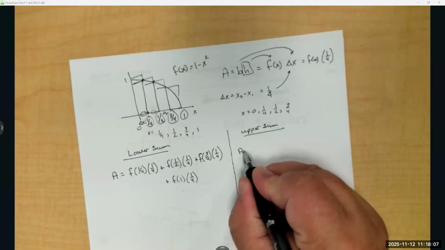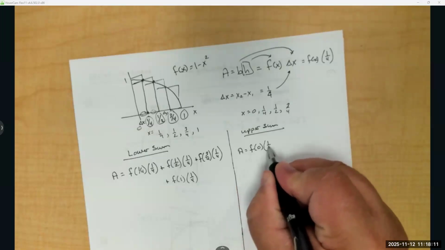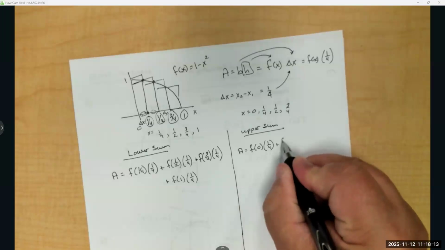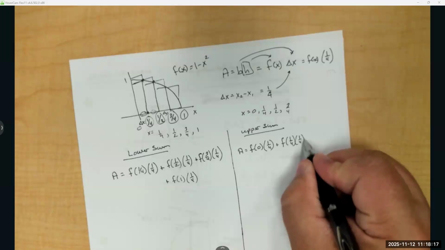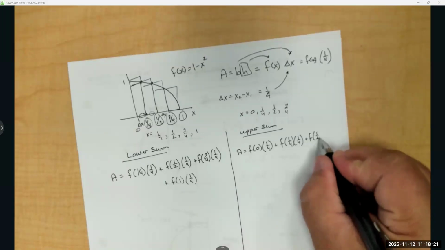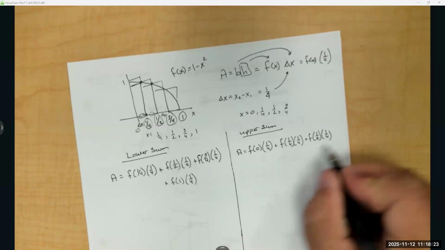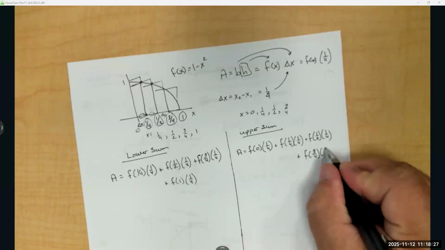So in this other one, I'll have f of 0 times 1/4, f of 1/4 times 1/4, f of 1/2 times 1/4, plus f of 3/4 times 1/4.